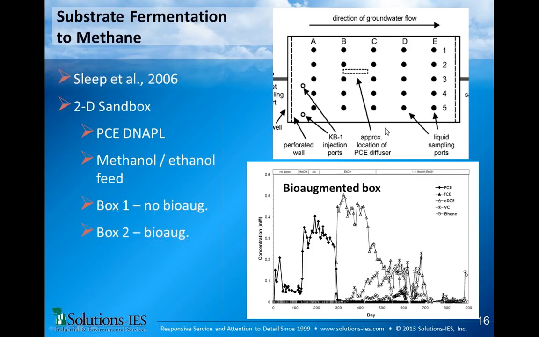Now, one thing I have to add is, in this study, they tried to use as little EVO as possible, because I think they were basically just trying to see what kind of efficiency they could get. And what you see here is, well, basically it didn't work. Sorry about that.